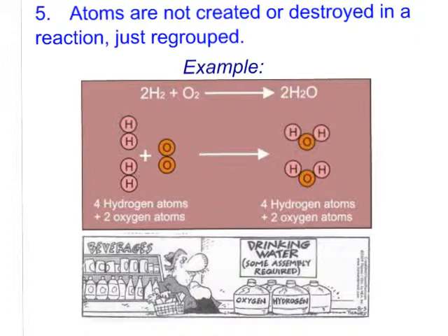We have rearranged the atoms, but we have not created or destroyed them. Over on this side, we have 1, 2, 3, 4 hydrogens, and over on this side, we still have 1, 2, 3, 4. On this side, we have 2 oxygens, and over on this side, we still have 2 oxygens. So that's important to remember that we never create or destroy atoms, we just rearrange them.